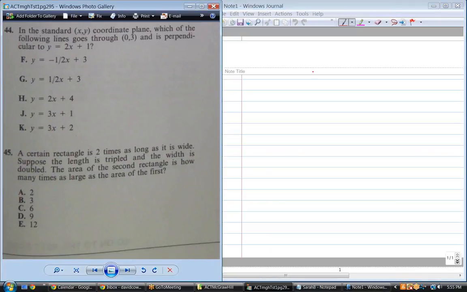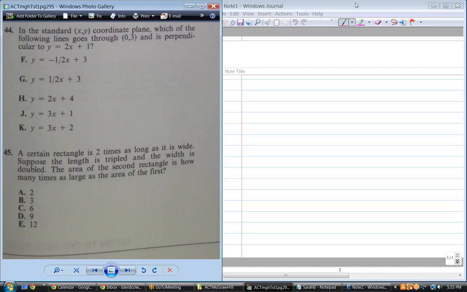Okay. Number 44. Which of the following lines goes through 0,3 and is perpendicular to the line y equals 2x plus 1? What's the slope of the perpendicular line going to be?